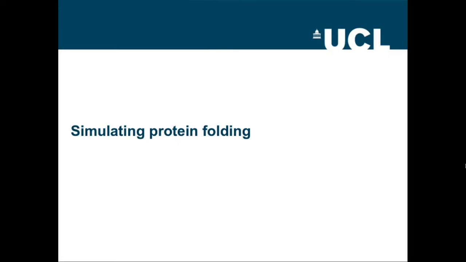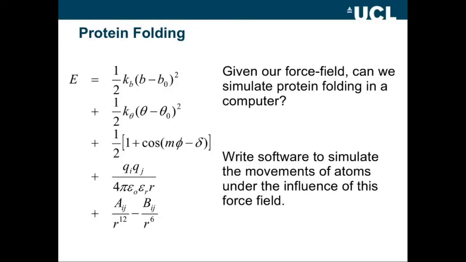How, then, can we simulate protein folding? As I said in the last lecture, we can put together a force field that describes the energetics of a protein in terms of bonds, bond angles, torsion angles, electrostatics, van der Waals interactions, and possibly also hydrogen bonds. Given that force field, can we use it to simulate protein folding in a computer?